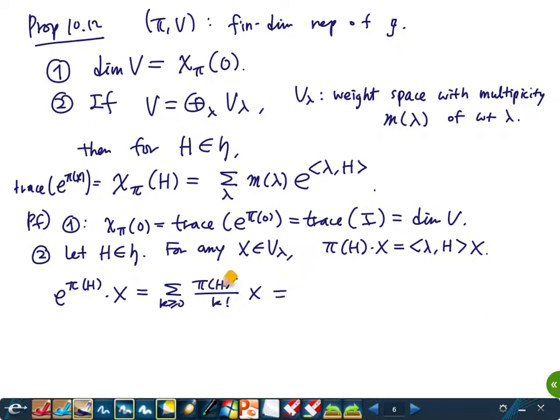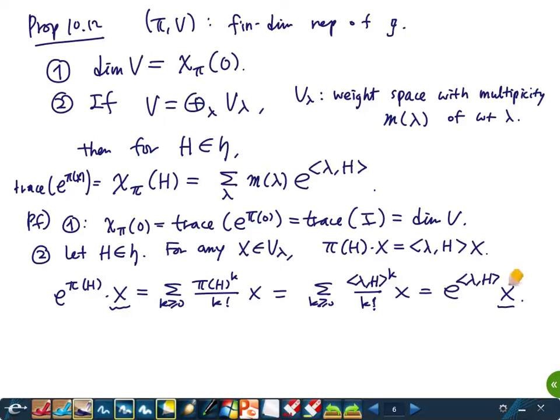So we apply h k times to x. But whenever you apply h to x, you don't change x, you only multiply by a constant. That means this is always an eigenvector, so the effect is like changing this into just a constant. It's exactly the usual definition of the exponential function. That means when we have x, we get x with only this constant multiplied.